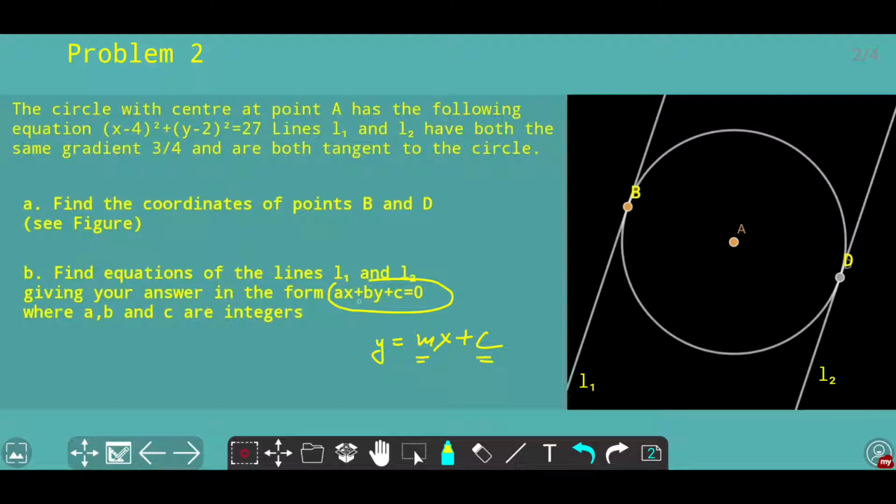This is just a rearrangement of the gradient-intercept form into the standard one, okay? The crucial thing here is that a, b, and c are integers, all right? So I just erased that. Hope you recall what I'm saying, and pause the video and try to do it on your own as always.